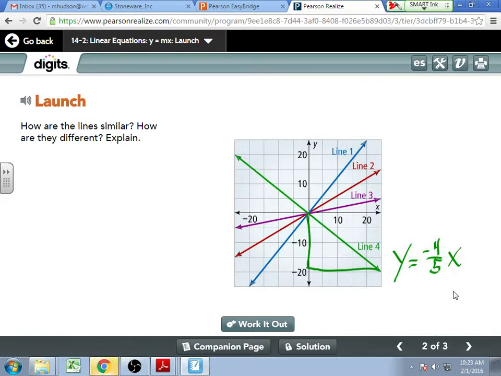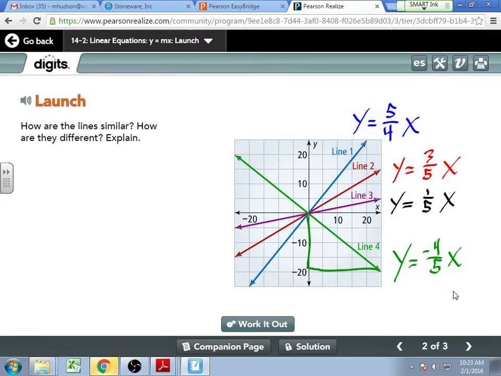The blue one here is 5/4x. The red one here is 3/5x. And our purple one here is 1/5x.